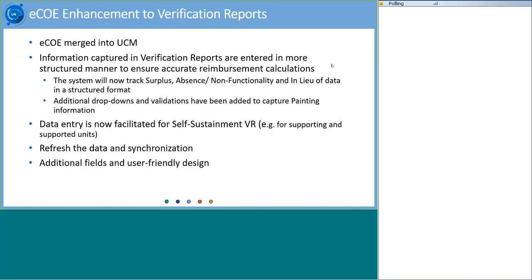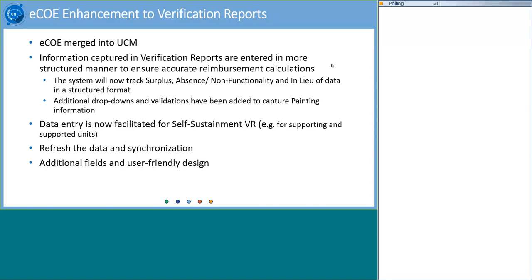So about eCOE. To be able to develop the Uniform Capability Management System, we thought that eCOE needed some adjustments or improvements. As I was saying, eCOE has been merged with the UCM system.